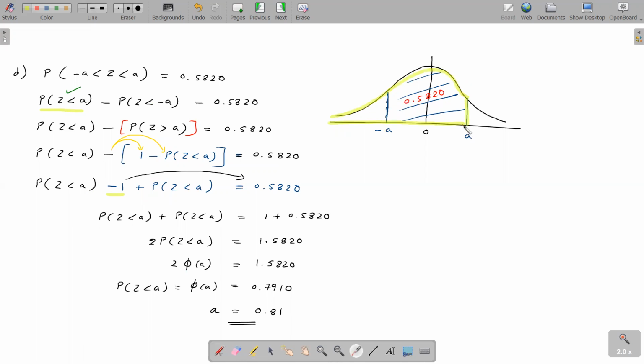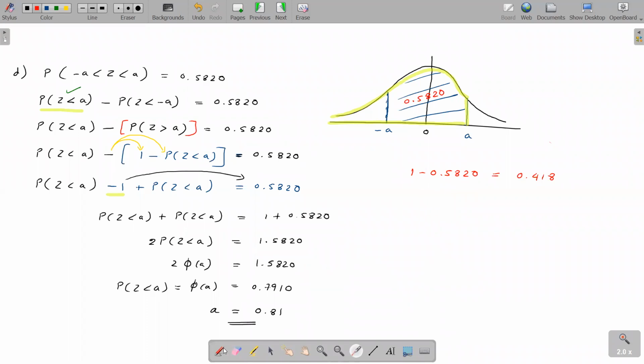Right now I have the area between plus A and minus A as 0.5820. It's at an equal distance from the mean, so you can take 0.5820 and subtract it from 1. So 1 minus 0.5820 gives you these two areas. Do you agree? So 1 minus 0.5820 gives you how much?